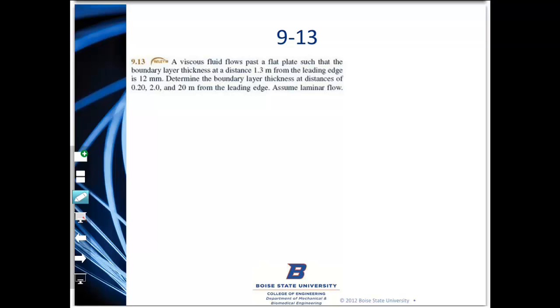So in this problem, we're not sure what the fluid is. However, we know that delta scales as kinematic viscosity times x from the leading edge over the free stream velocity raised to the power half.